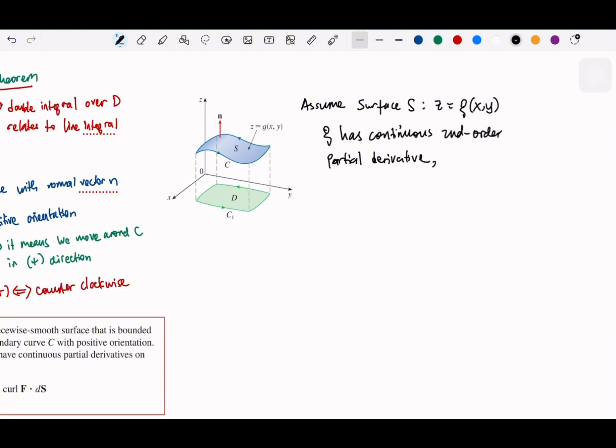And then D is a simple region whose boundary is C1. You can see the picture, okay? The C1 corresponds to the curve C on the surface S. So you see, it's supposed to be like a heavy wave like that, and when it is projected to the xy plane, this is basically C1.